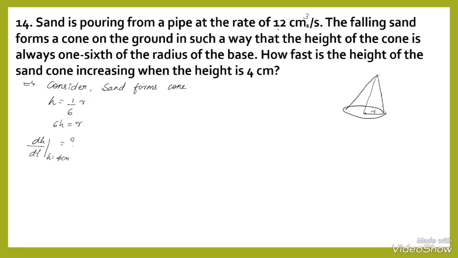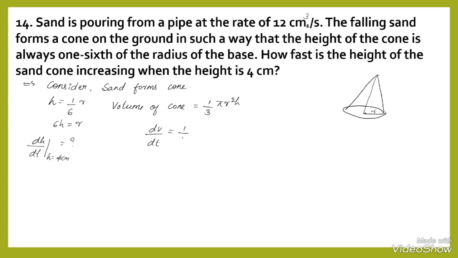The pouring means the volume will increase. Volume of cone. What is the volume of the cone? That is 1/3 pi r square h. The volume will change. The rate of change of volume with respect to t.